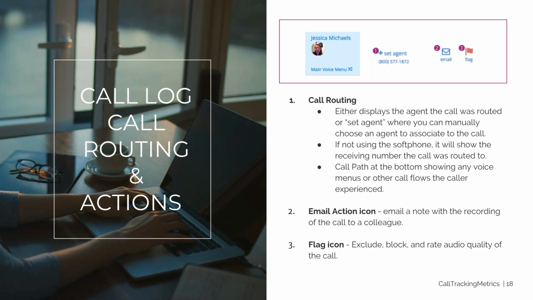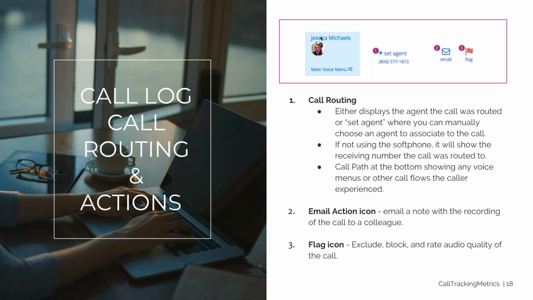Okay, so up next we have the call routing and actions. So the call routing either displays the agent who the call was routed to, or you can manually decide an agent to associate the call to.